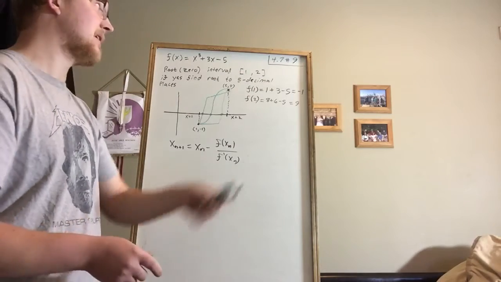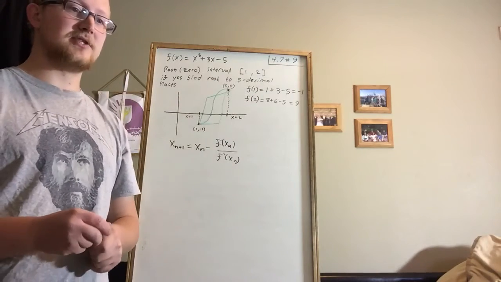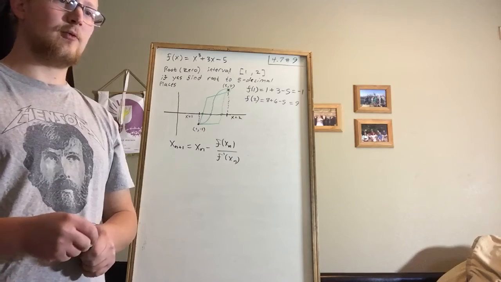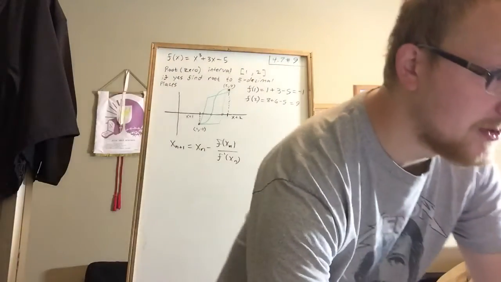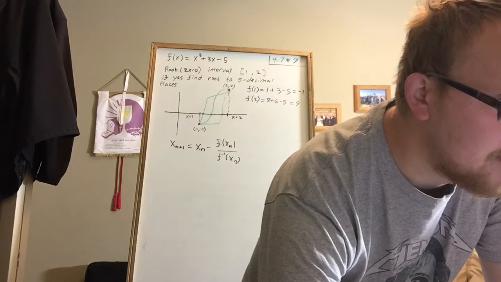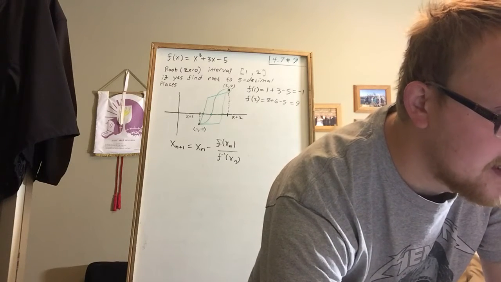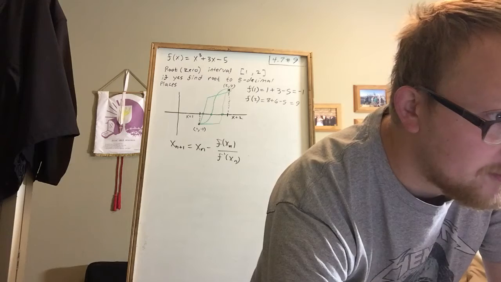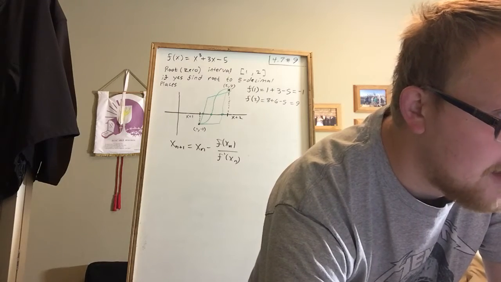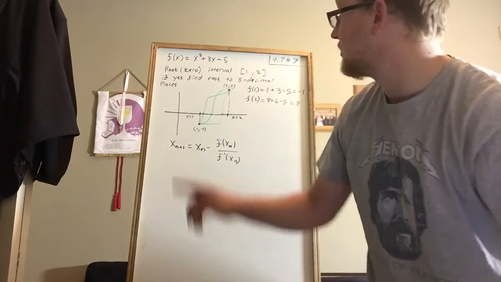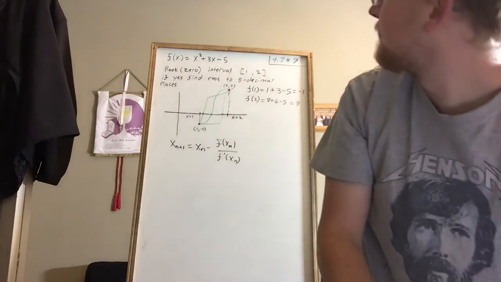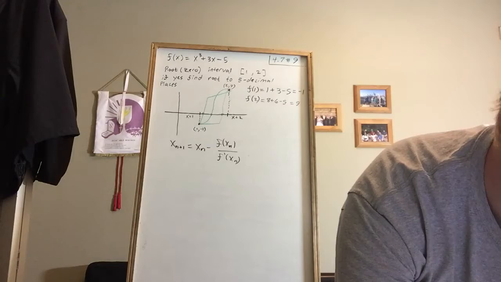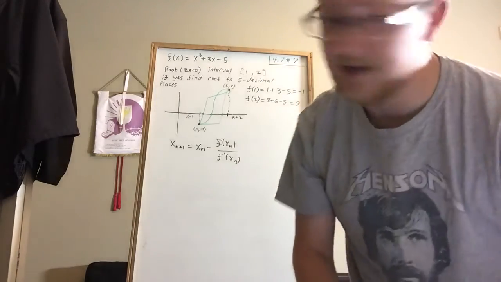I also recommended in 4.7 number 6 that you use a Wolfram Alpha widget that has to do with Newton's method. If you look up Newton method approximation calculator, the second hit will be the Wolfram Alpha widget, Newton's method calculator. For that, we can now just plug in our function, x to the 3 plus 3x minus 5.